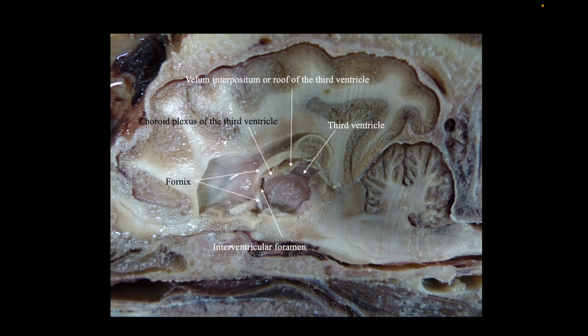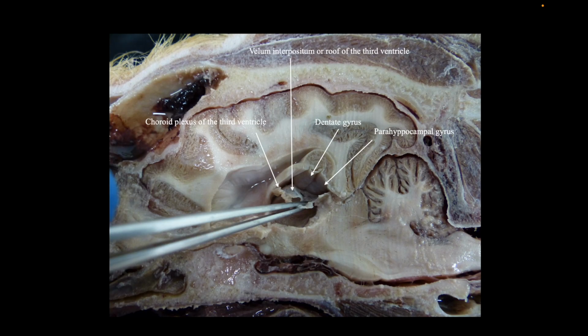Also, it is easy to identify the interventricular foramen. So with the forceps, we are moving down the roof of the third ventricle, and you can see that on top were located the fornix and the dentate gyrus and the parahippocampal gyrus.